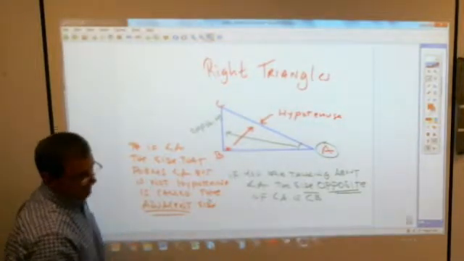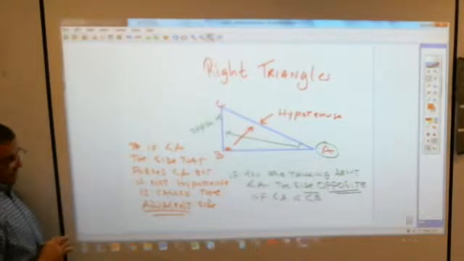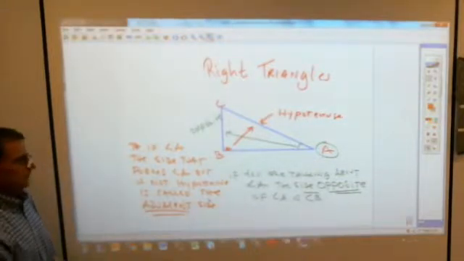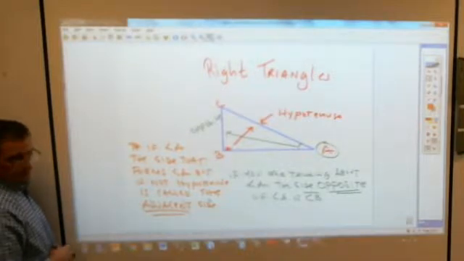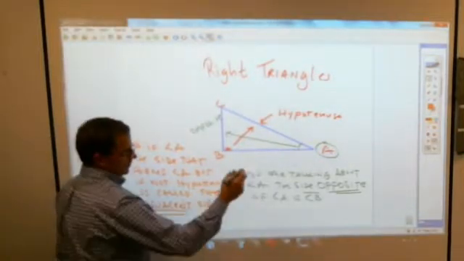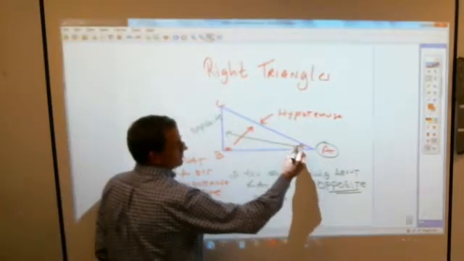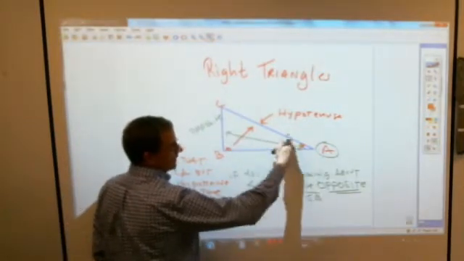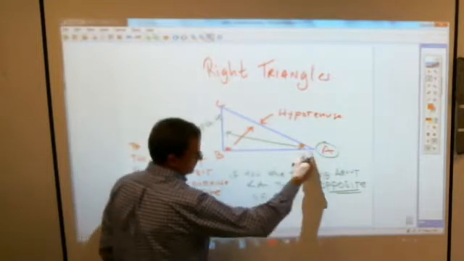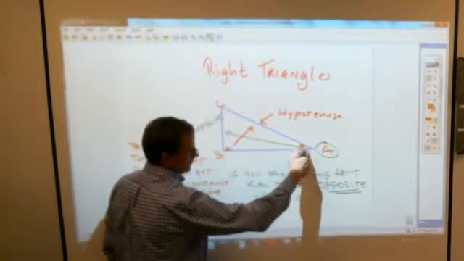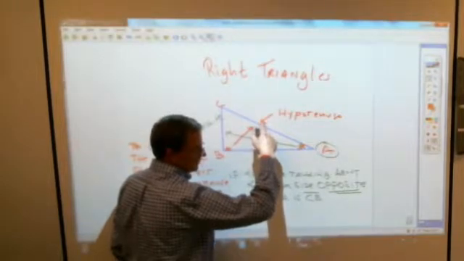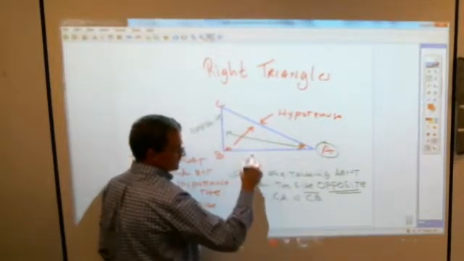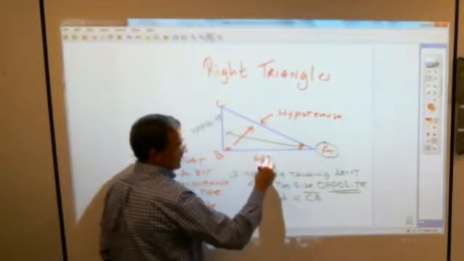So, I'll let you write that down. I don't want to go slowly through that, but you've got to get this down. For what we're doing for the next 3-4 days, you have to understand this. Looking at angle A, here are the two lines that form angle A. The one that is not the hypotenuse, because we've already defined the hypotenuse, is called its adjacent side.